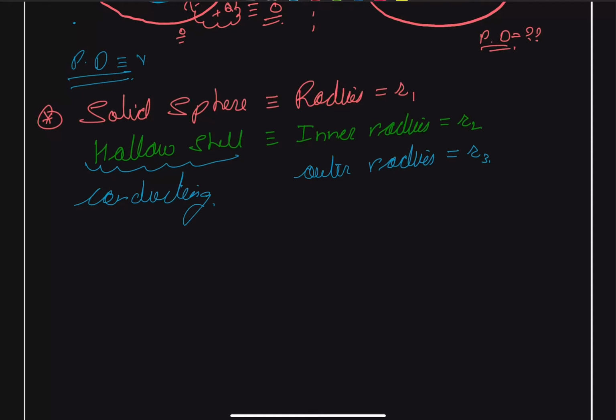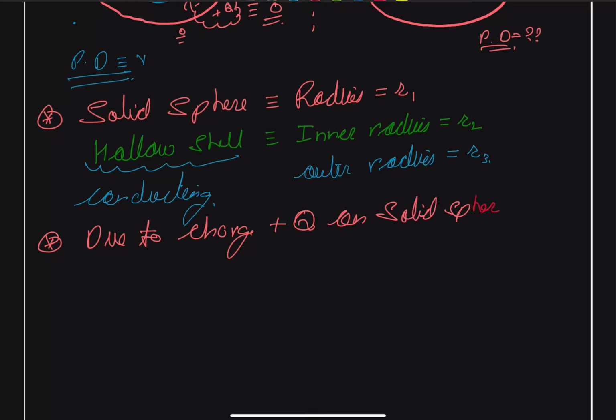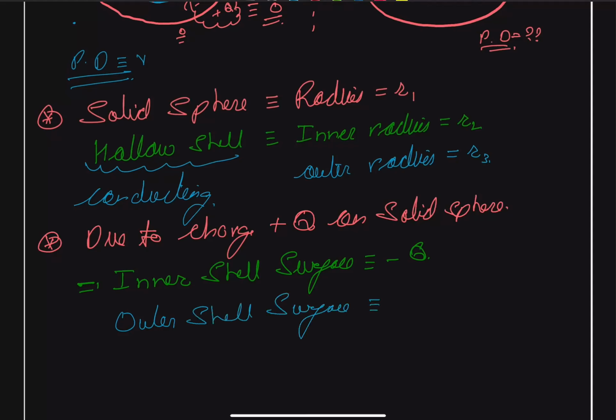So we can say that due to charge plus q on the solid sphere, the inner shell surface is going to have a charge of minus q, and the outer shell surface is going to have a charge of plus q.